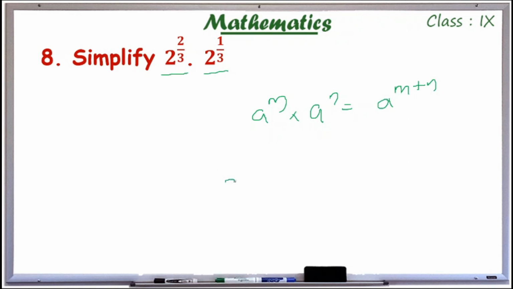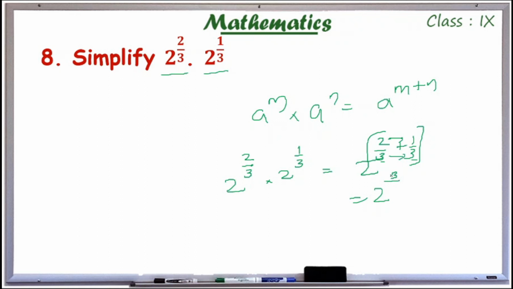So 2 raised to 2 by 3 into 2 raised to 1 by 3 gives 2 raised to 2 by 3 plus 1 by 3. 2 by 3 plus 1 by 3, we have already learned: same denominator, so the sum of the numerators is 3 over the same denominator. 3 by 3 is 1. 2 raised to 1 is equal to 2.